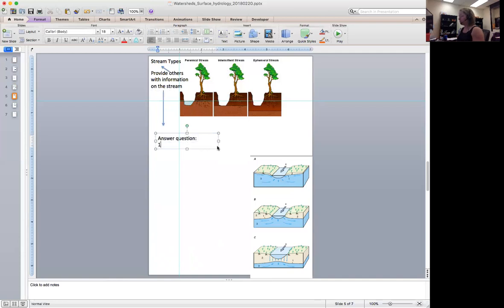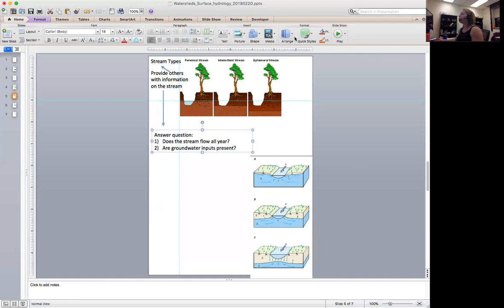Question 1: does the stream flow all year? The second question is, are groundwater inputs present? So those are the two kinds of questions that these systems answer.